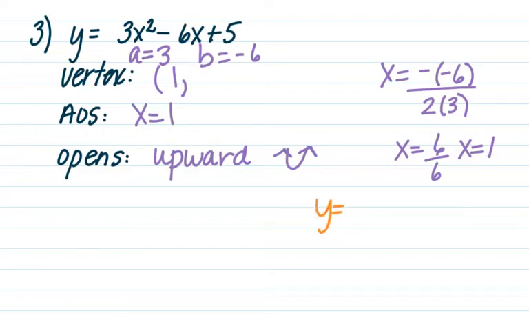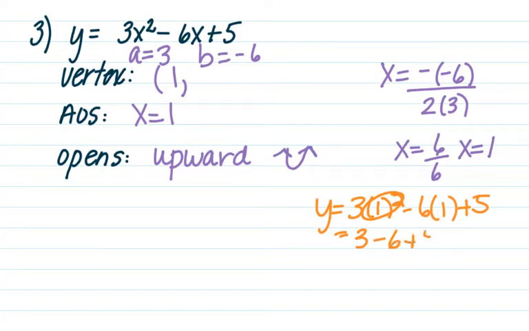So y is equal to 3 times 1 squared minus 6 times 1 plus 5. So 1 squared is 1 times 3 is 3. Negative 6 times 1 is negative 6 plus 5. 3 minus 6 is negative 3 plus 5 is 2. So y is equal to 2.